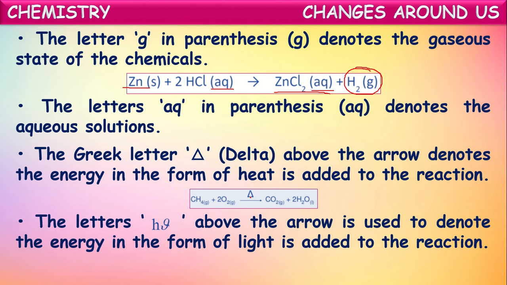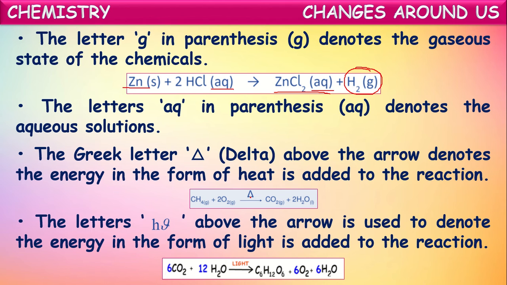One of the examples for this kind of reaction, as we know, is photosynthesis, isn't it? Photo represents light, synthesis means production. So plants prepare their food in the presence of light energy, with the absorption of light energy. That is why it is called photosynthesis. So in this reaction, as light energy is absorbed, we can represent it on the arrow mark with H nu instead of writing light.